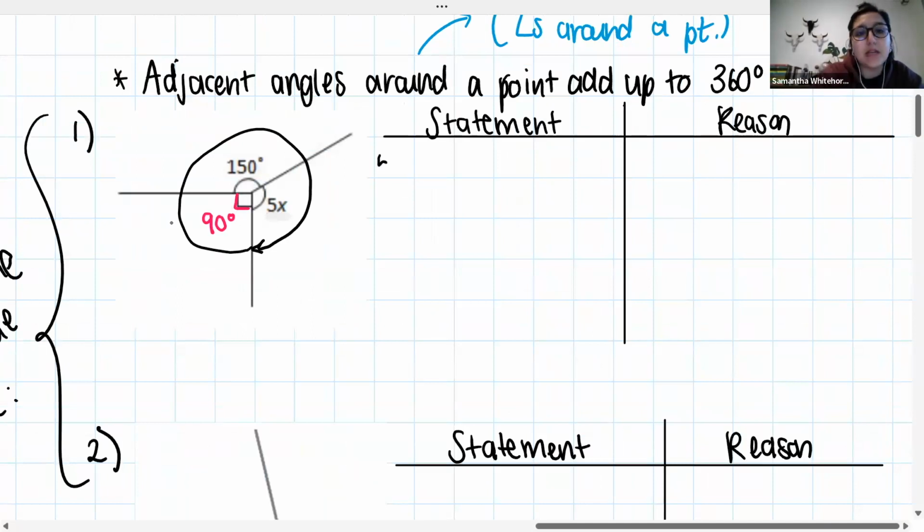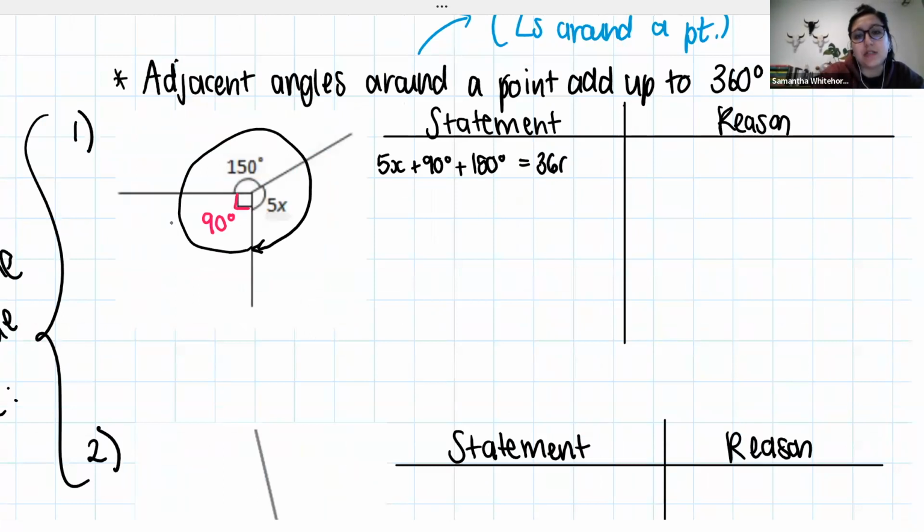So we can make the statement that 5x plus 90 plus 150 must be 360 degrees. My reason: angles around a point, or as we spoke about earlier, angles in a revolution.